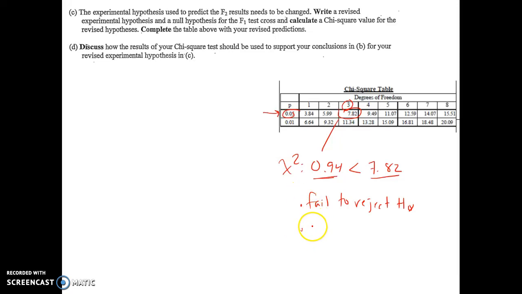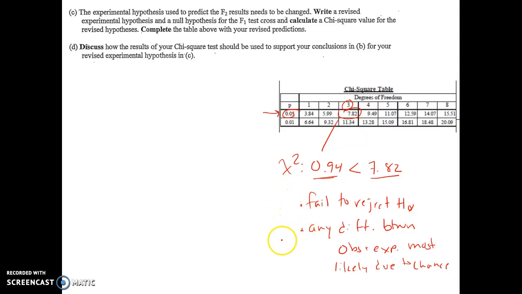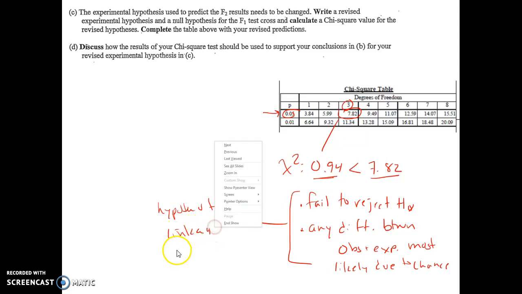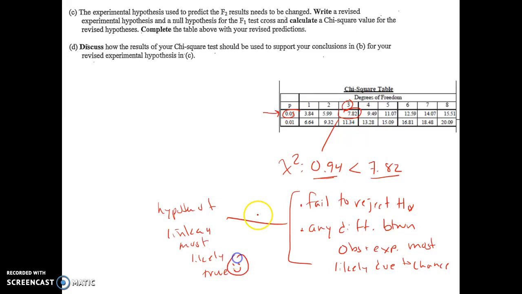And you're using this to conclude that any difference between the observed and the expected is most likely due to chance, sampling error, etc. So this is another way of saying that the hypothesis of linkage is most likely true. Okay, so that's how you would do that.